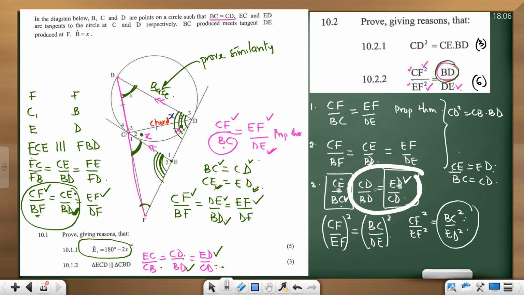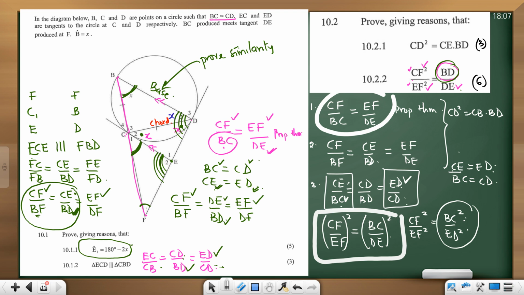Sir, CD, why squared? Are you not having BD over DE? Where? Why is it BD? By your fourth step, sir. Why am I not having what? BD over DE. How? From where? You mean here? Yes, sir.